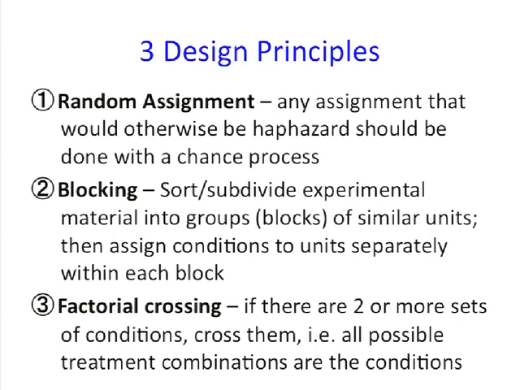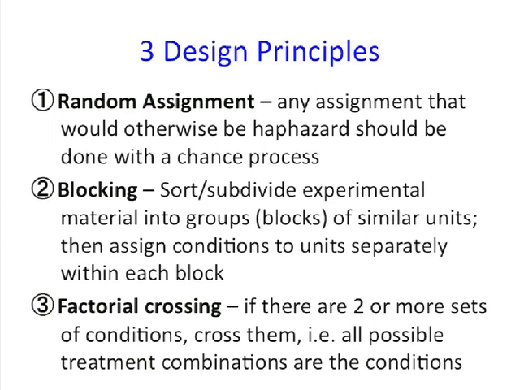Blocking is another way. We'll show examples of that today. Blocking is where you take your group of units and you divide them up somehow, sort them, or you take groups and you cut them up in parts, and you arrange them such that the groups are as alike as possible, and then within each group you assign all of the conditions.